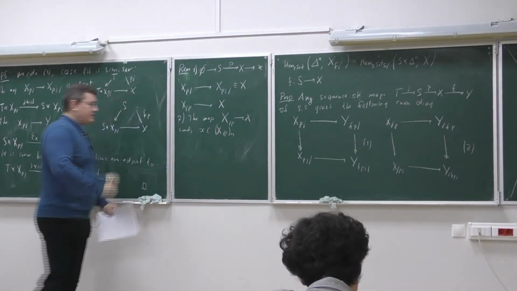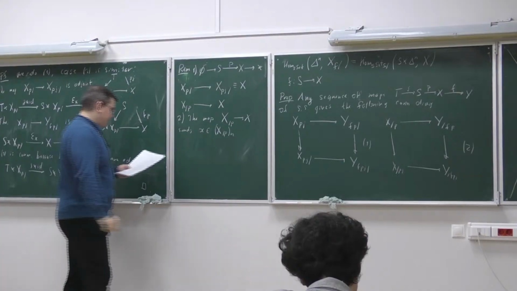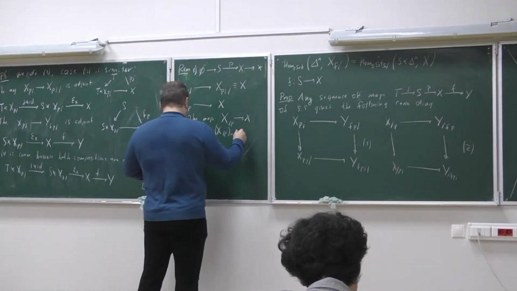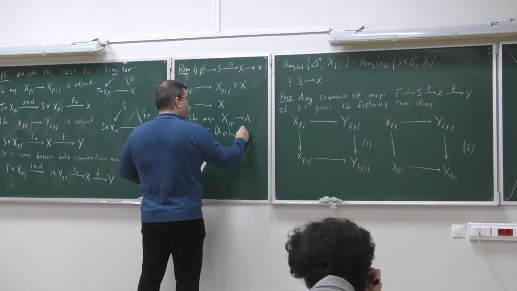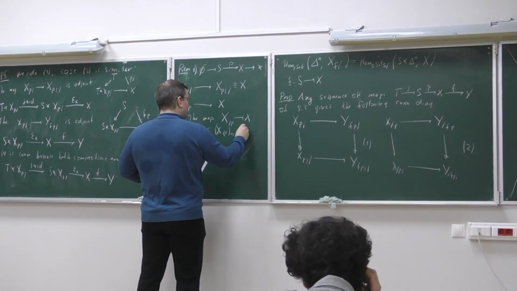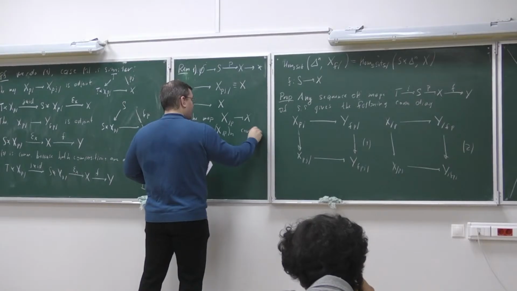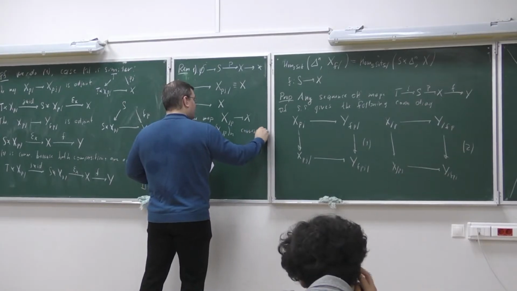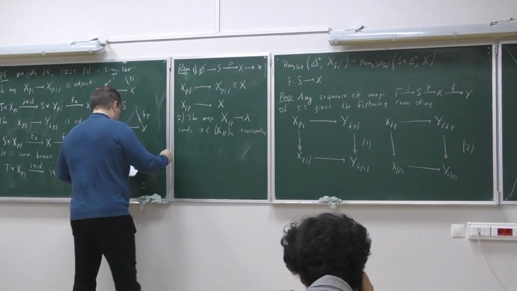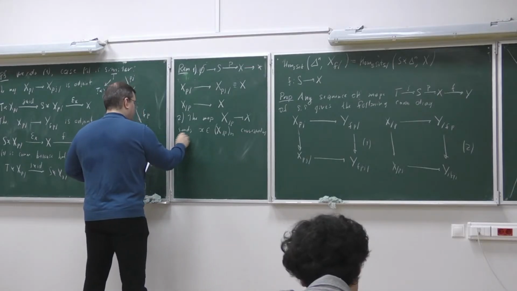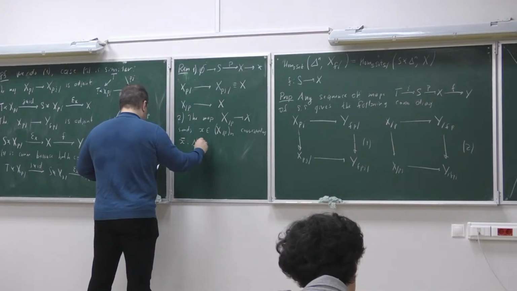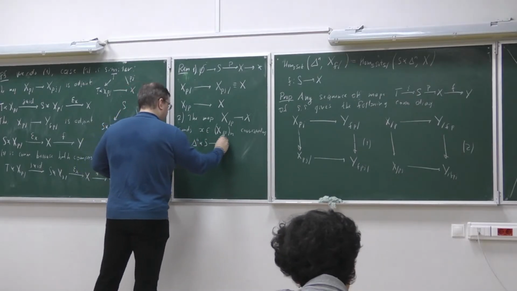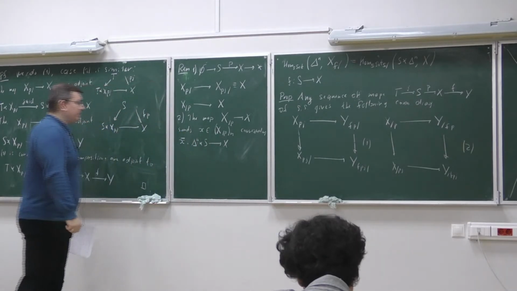Under the adjunction, the n simplex in the slice corresponds to the x with the bar from the delta n join S, which is mapped to the X.